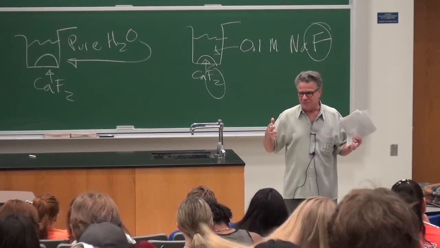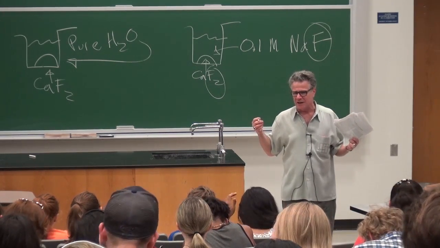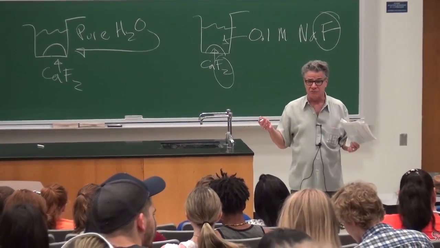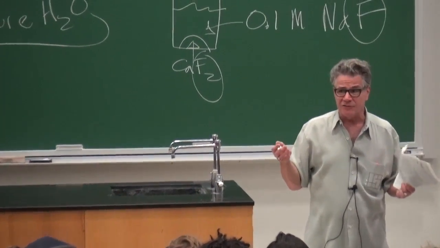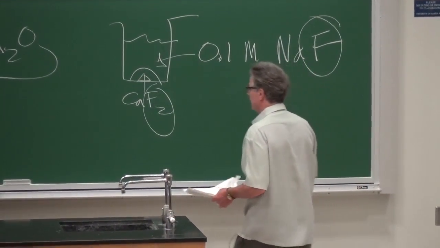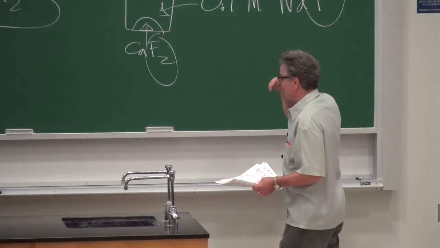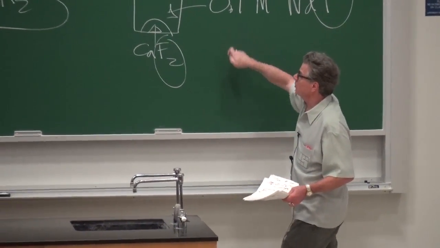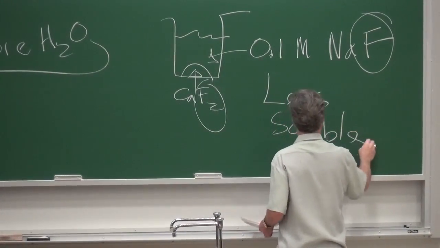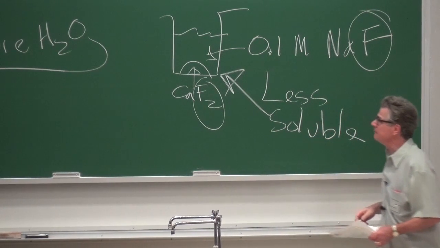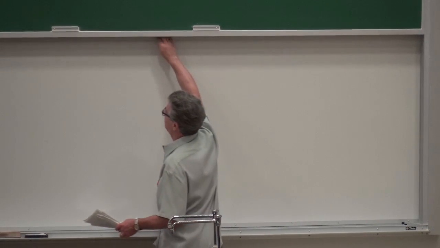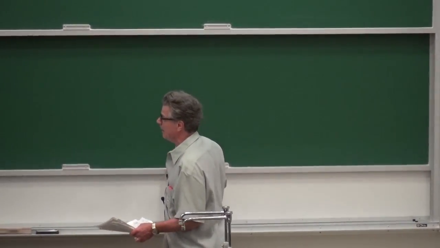Now, in working this problem, you have to understand, of course, that sodium fluoride is a strong electrolyte and therefore dissolves completely into sodium ions and fluoride ions, and that calcium fluoride is a weak electrolyte and, in fact, dissolves only a tiny bit. And we said that it's going to be less soluble here in that beaker, and it's going to be less soluble because of a simple application of the principle of Le Chatelier.